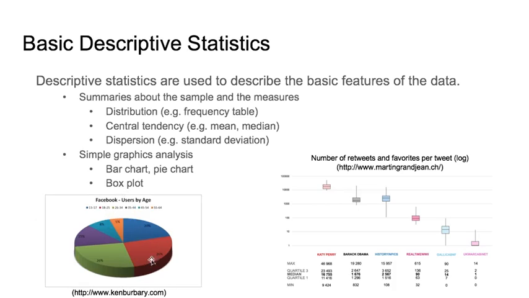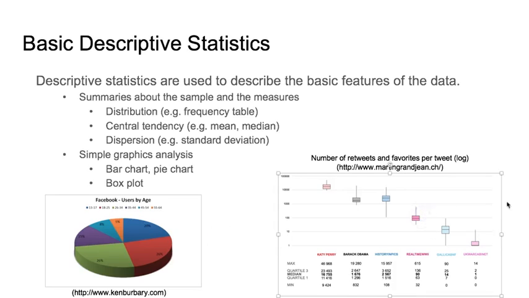This percentage adds up to 100%, and you can see this green pie is 26%, and that's age 26 to 34, right? So about a quarter of Facebook users tend to be in that 26 to 34 range. Again, this is the description of the data, and to do so, we're using this visualization.